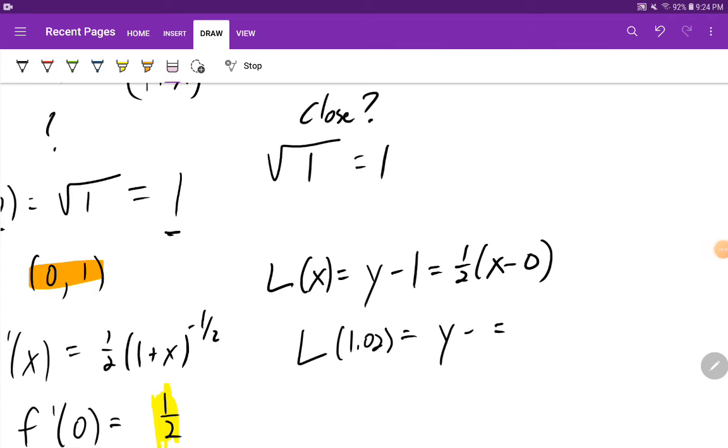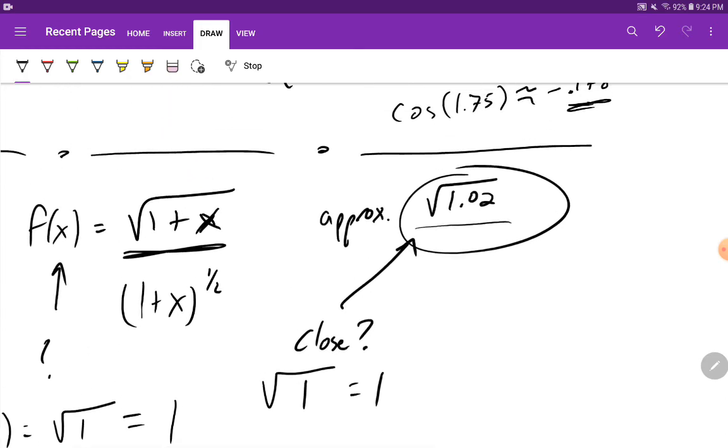All right, so it's really, really important to keep track of your function. We are approximating root 1.02, but with respect to our function here, right? And our input is not 1.02, our input is going to be 0.02, right?